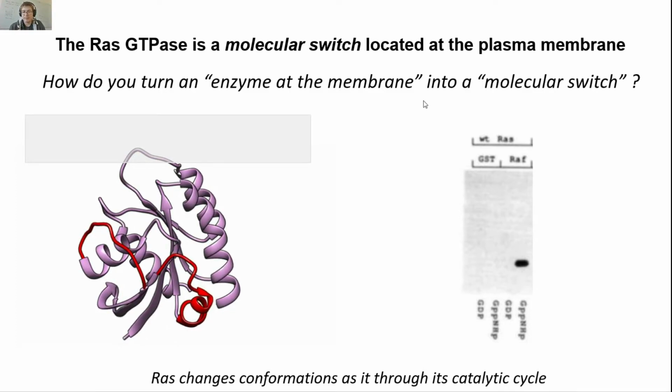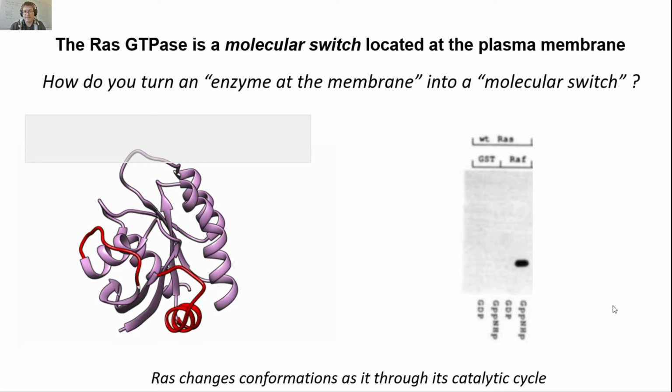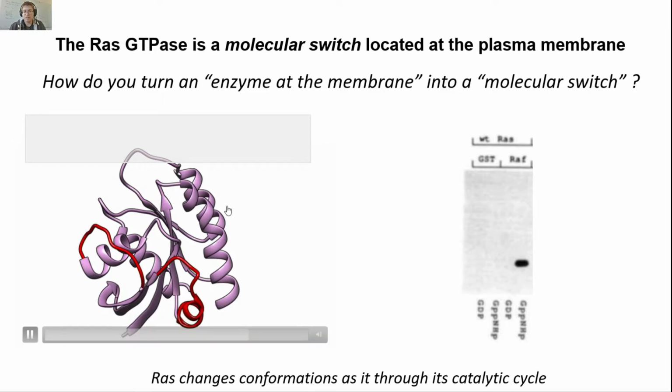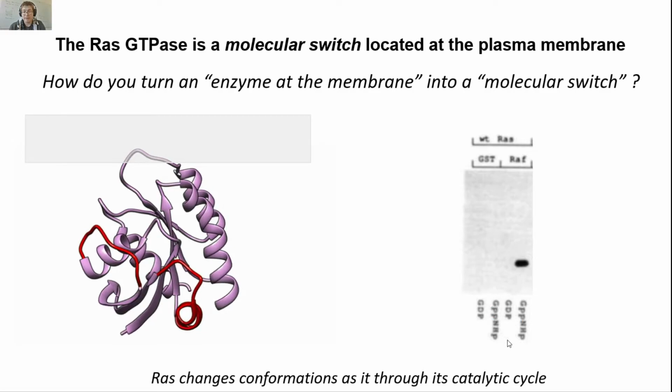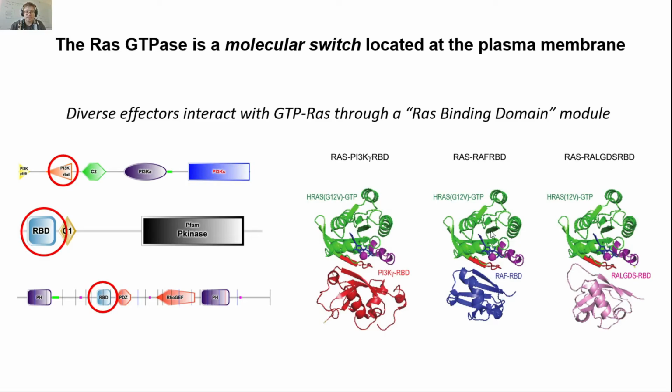So there are proteins, for example, RAF, that if you were to load up this GTPase with an analog of GTP that can't be hydrolyzed, and do, say, a pull-down reaction with a protein like RAF kinase, what you would find is that the RAF kinase can only interact with this GTPase when that GTPase is bound to GTP, but not when it's bound to other things like GDP. And so what this means is that there are molecules inside the cell that can preferentially interact with the GTP-bound form of Ras, and they do so through what is called a Ras binding domain module.